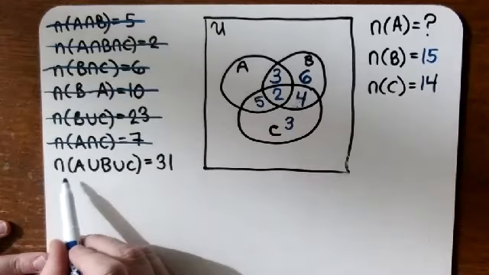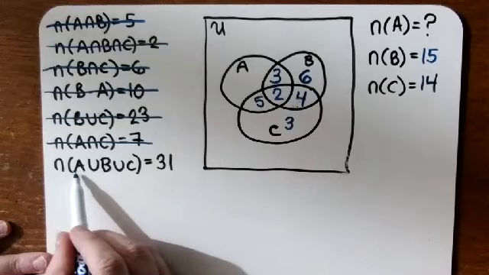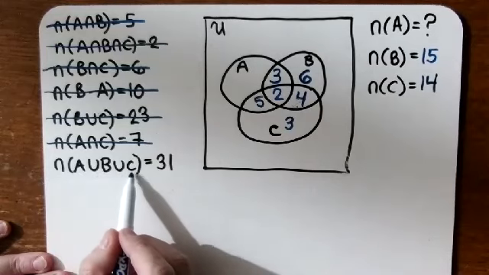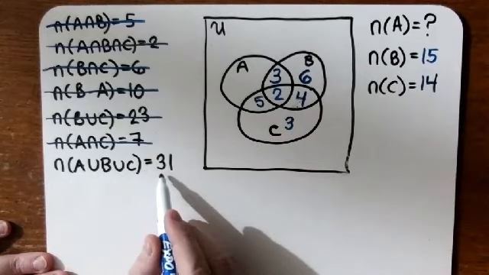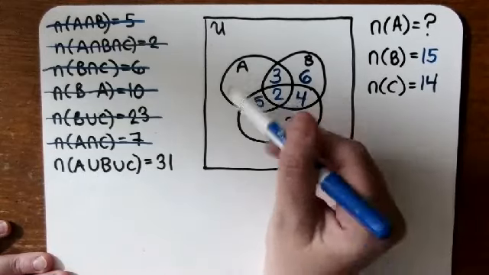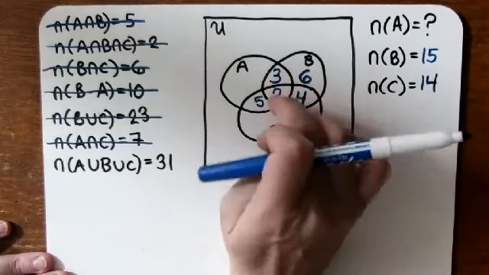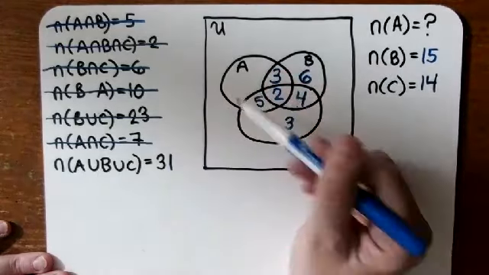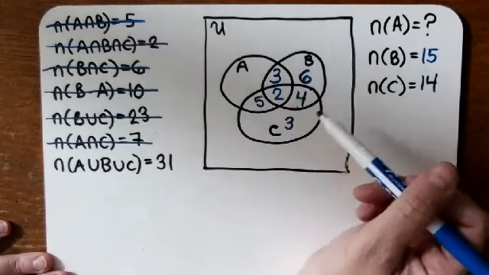Now we're given one final clue that the number of elements where A union B union C equals 31. A union B union C are all 7 regions, shading everything except for the outside.